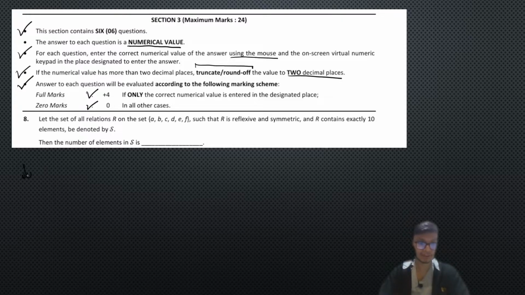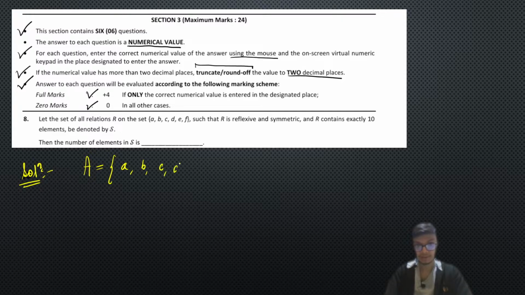So the question is talking about a set given over here. We have a set of all the relations on the given set. Let's say our given set consists of the elements A, B, C, D, E and F. We have to find all the relations from set A to set A only.